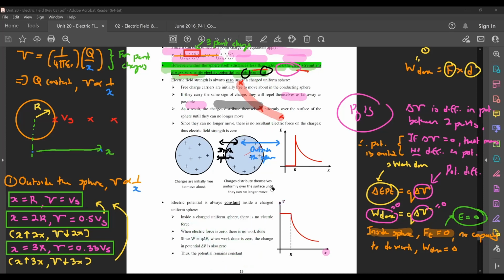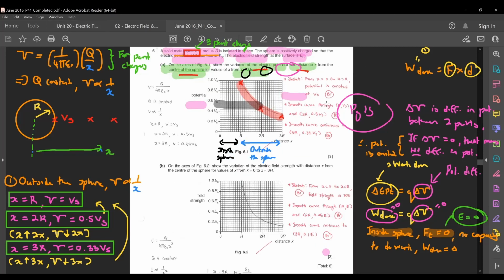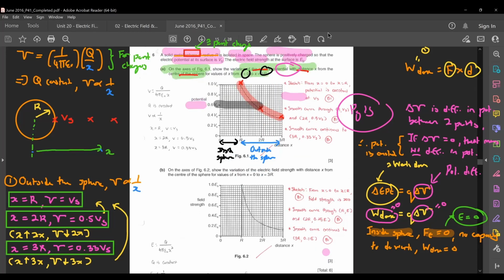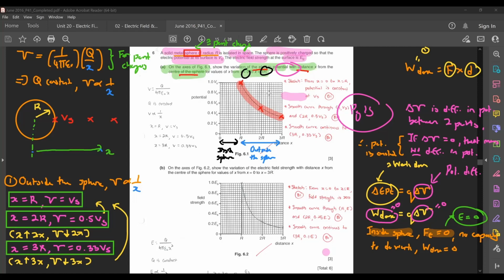Okay, so back to the question itself. You have actually drawn the part outside the sphere indicated by the red line here. So for the part inside the sphere, you really just need to draw a straight horizontal line that is not 0. You just need to draw a constant potential here like this.